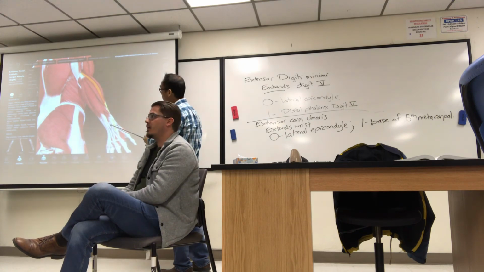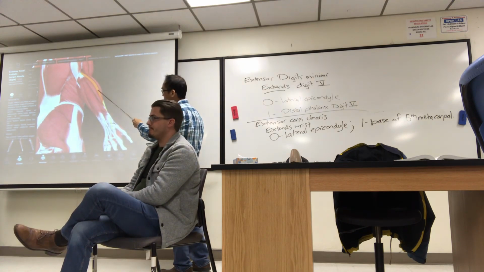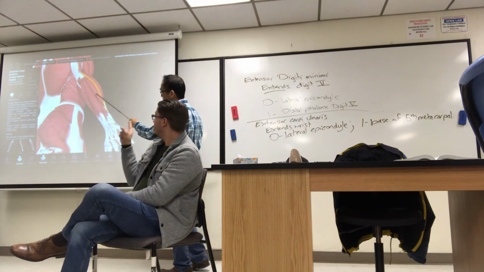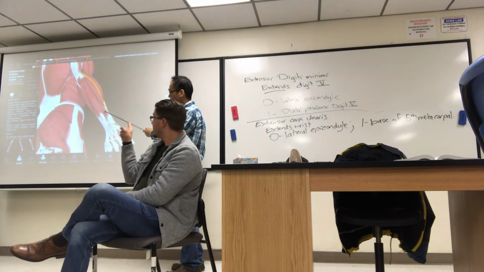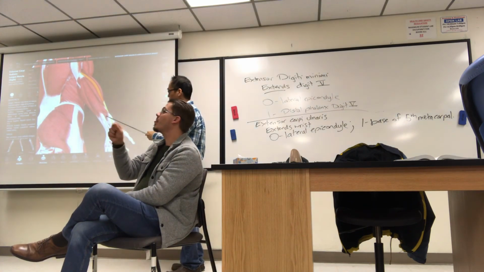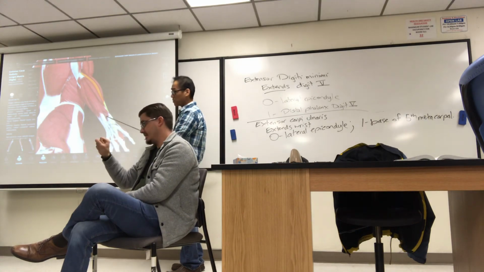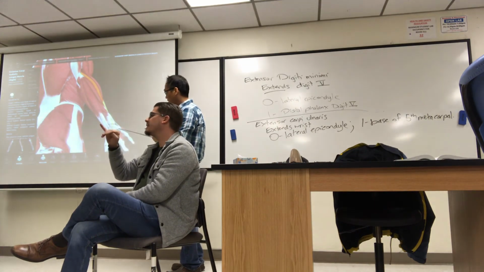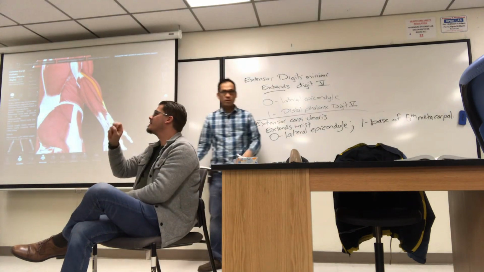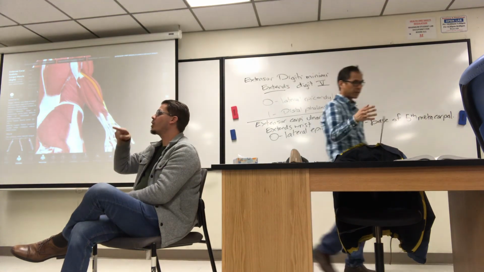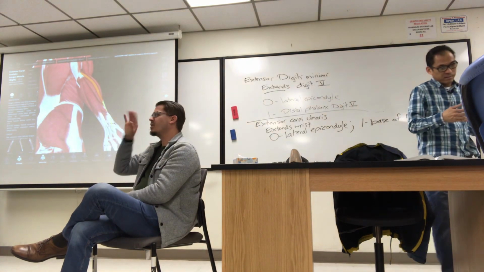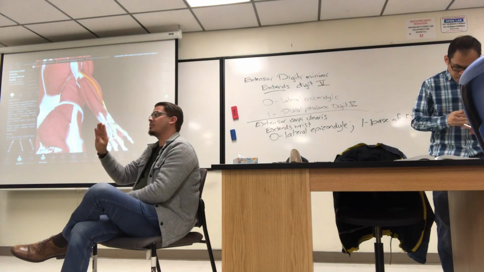Okay? So once again, Extensor Carpi Radialis Longus, Extensor Carpi Radialis Brevis, then Abductor Pollicis Longus, Extensor Pollicis Brevis, and the tendon of Extensor Pollicis Longus. So that's another thing. The longus brevis, it alternates.